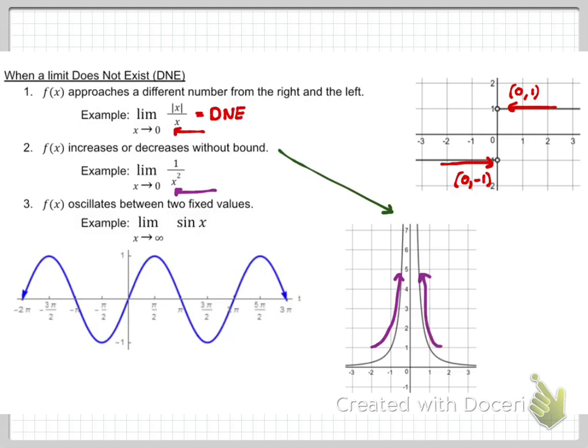Now these might be approaching the same infinity, but because they're increasing without bound, this limit is not going to exist. So we write DNE. For this last one here, this is an example of a function that oscillates between 2 fixed values. That's the third situation where the limit does not exist. Now notice I did change this on you. Whoops. We're approaching infinity here.